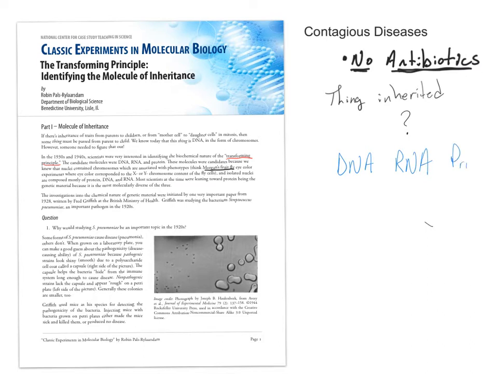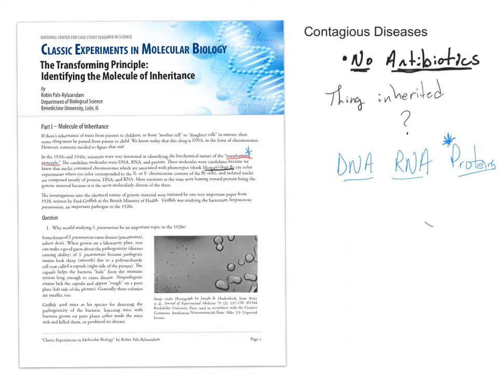Which one of these three was the molecule that carried the information, the molecule that was the transforming principle? Most people at the time actually thought it was proteins. Why proteins? This is important for you to understand.